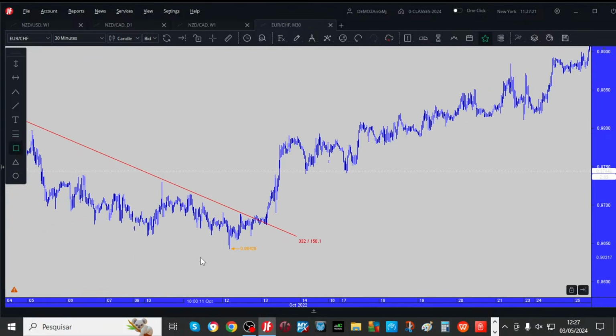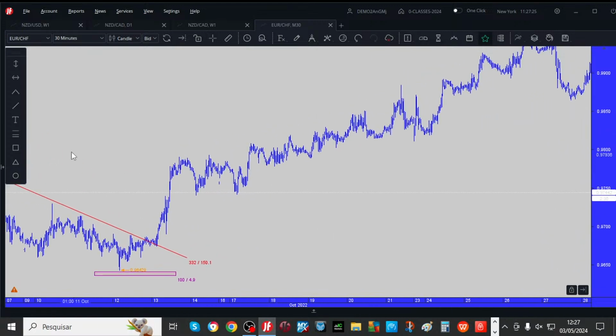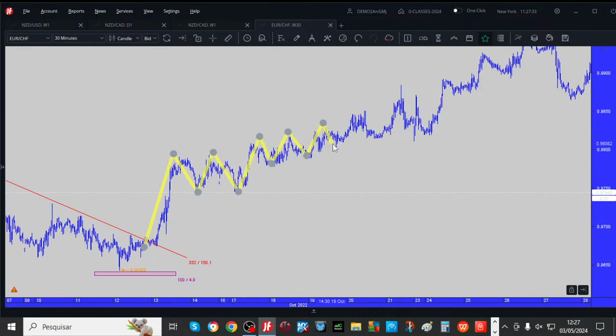Okay, if my stop loss is down in here, just an example, and I'm measuring the extension, retracement, extension, retracement, extension, retracement, extension.